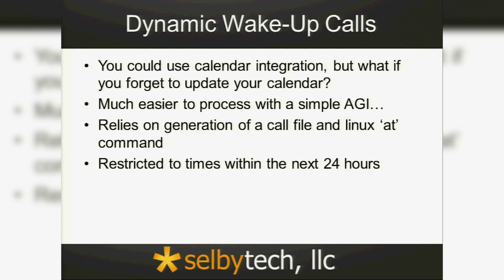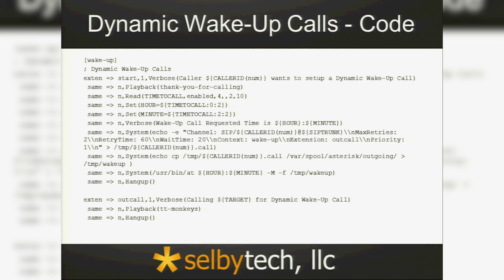So just to show you how that works. Okay, so I've got a special context, wake-up. We're logging it again. Say, thank you for calling. What time do you want to wake up? You do the read command, and it sets the variable time to call. That shouldn't be enabled. It should actually be, please enter the time in 4-digit format.